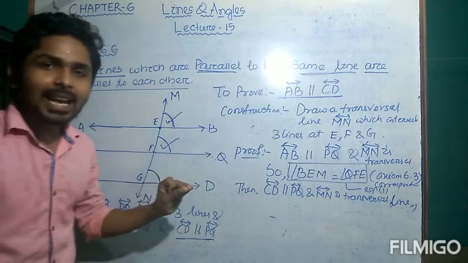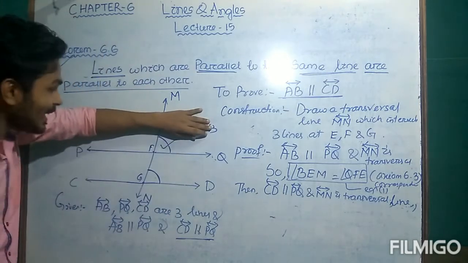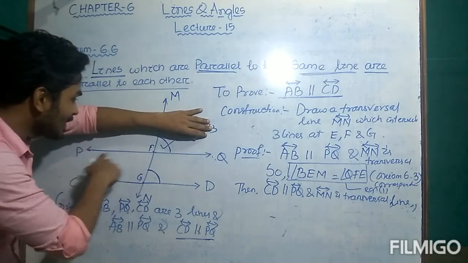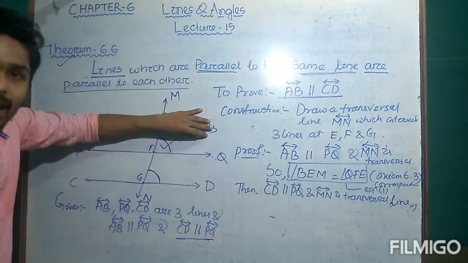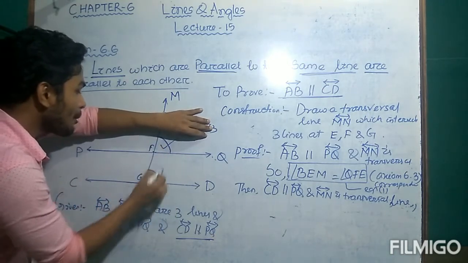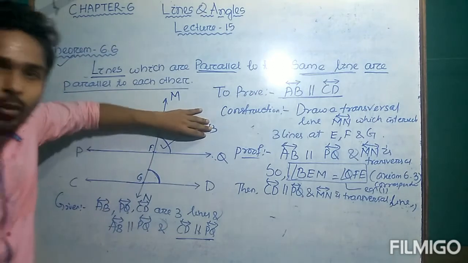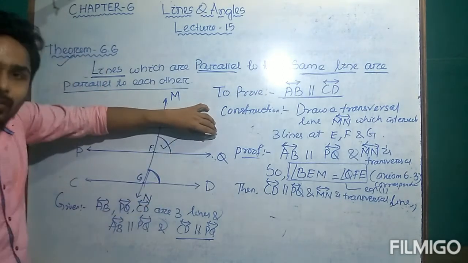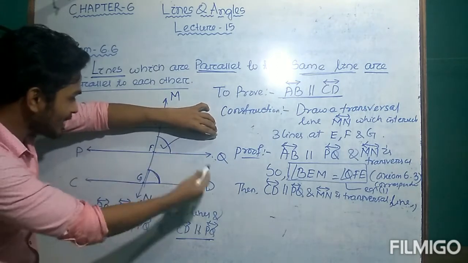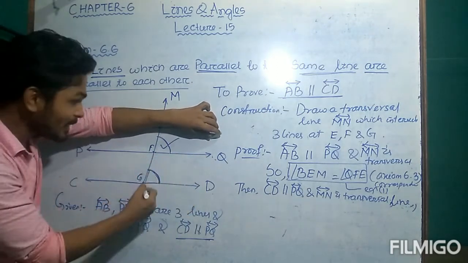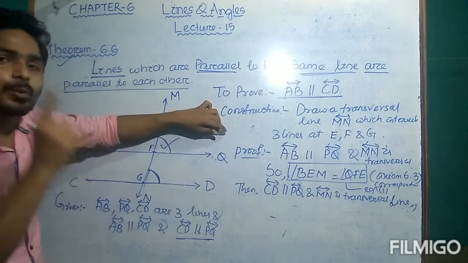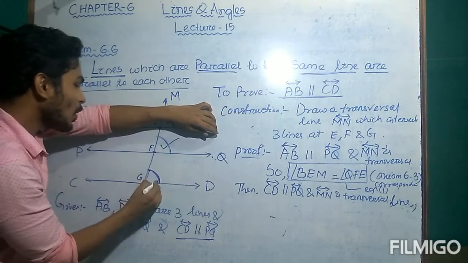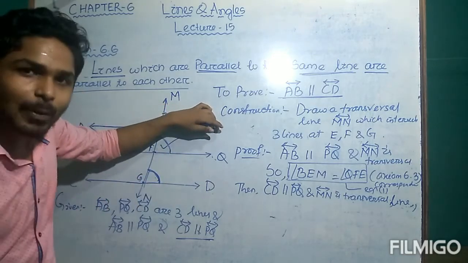Then similarly, according to axiom 6.3, if a transversal line intersects any two parallel lines, then the pair of corresponding angles formed are equal. So here this transversal line MN intersects the lines CD and PQ at two distinct points F and G. So we can write that their corresponding angles are equal.